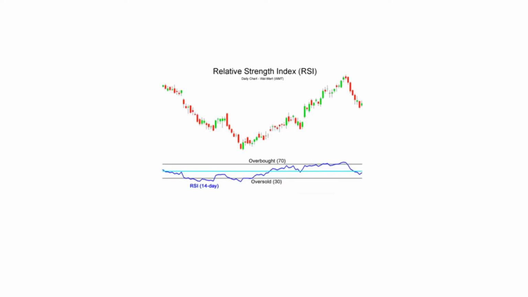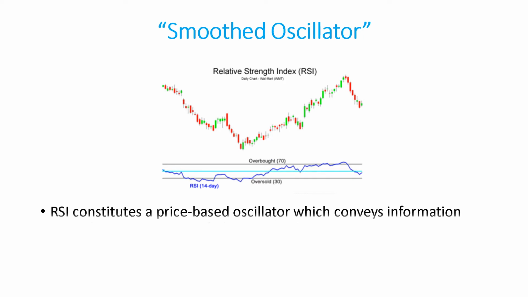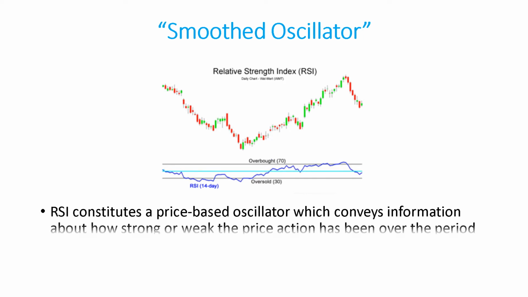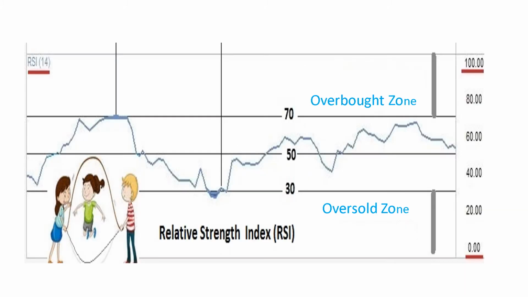RSI may be called a smooth oscillator. It constitutes a price-based oscillator which conveys information about how strong or weak the price action has been over the period under consideration. From the figure, you can see that the RSI is a line graph that moves between two extremes and can have a reading from 0 to 100.